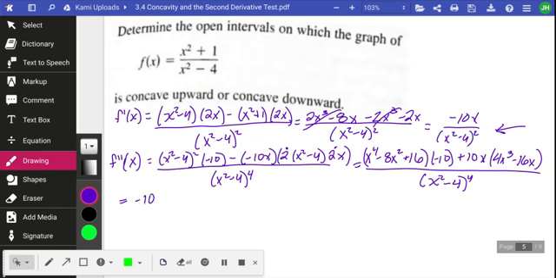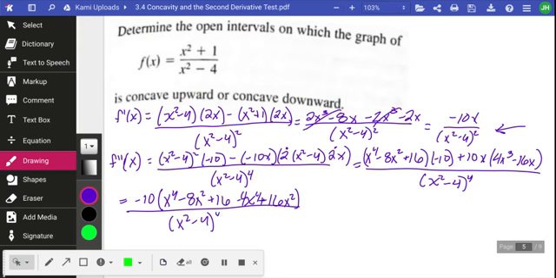So we can do -10 times x to the fourth minus 8x squared plus 16, and then minus x minus 4, x to the fourth minus, and that'll be a change of sign because you factored out a -10, so you have to multiply by -10 to make that positive, 16x squared. So we have this craziness. And hopefully I don't run out of space. If I do, I'll start erasing. All over x squared minus 4 to the fourth.